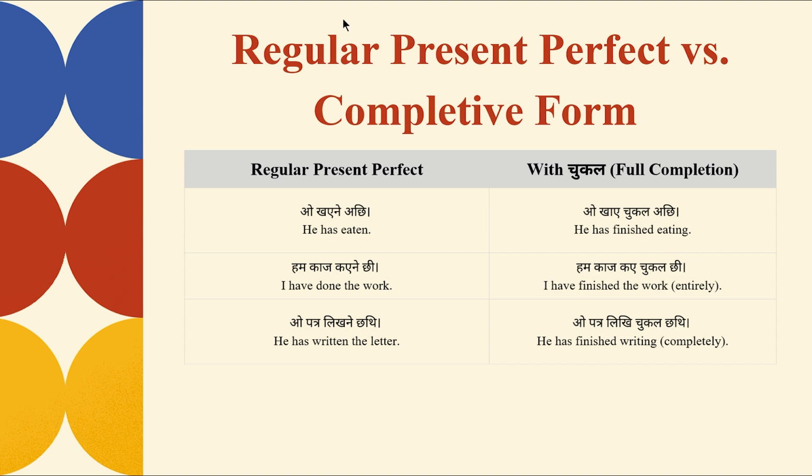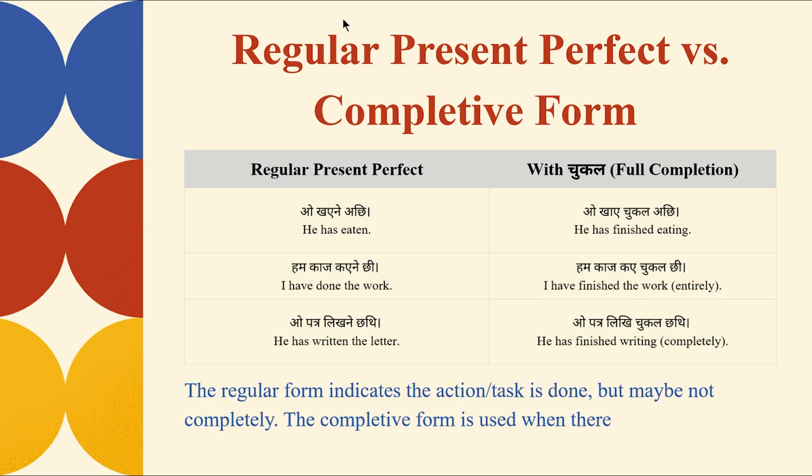Similarly, we'll have hum kaj kaine chi, I have done the work. Whereas हम काज क्या चुकल छी means I have finished the work entirely. ओ पत्र लिखने छथि, he has written the letter. ओ पत्र लिख चुकल छथि, he has finished writing the letter completely.